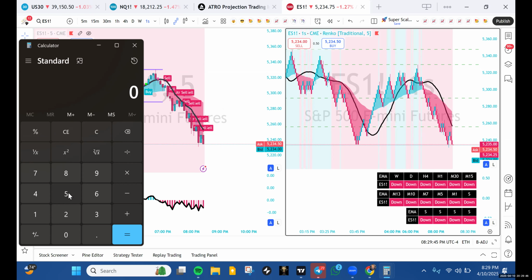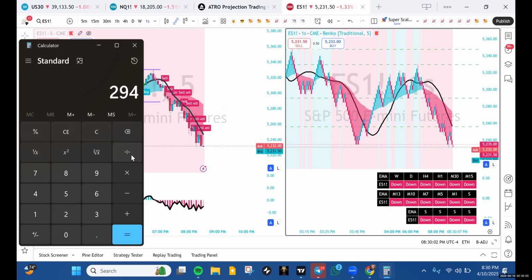So for example, today I started with 294, but I only use $1 per pip to begin with, because that gives me 294 pips of room to play with. There's a margin call as well, so maybe it gives me 250. So whatever move I'm in, I have to make sure that I don't go back 250, and I'm absolutely fine. So that's how you use that on the other side.